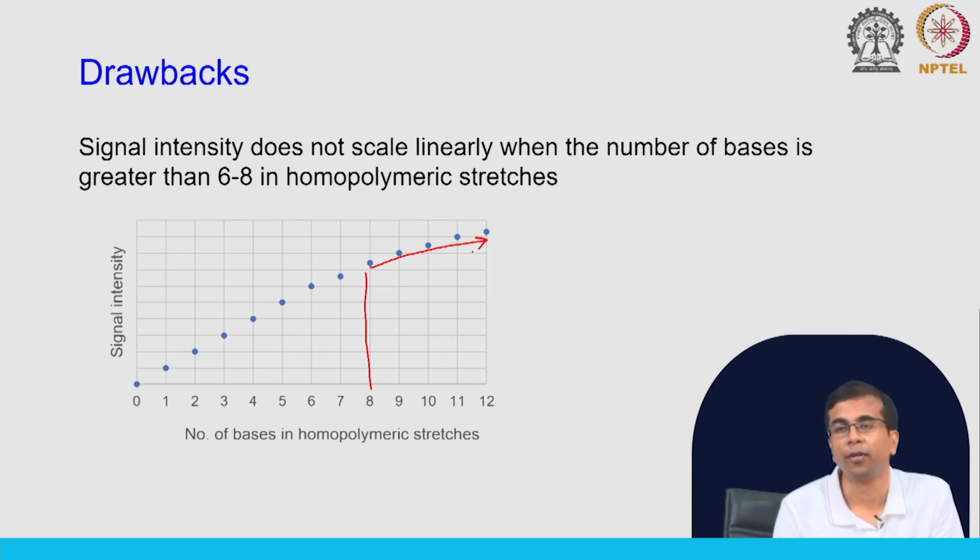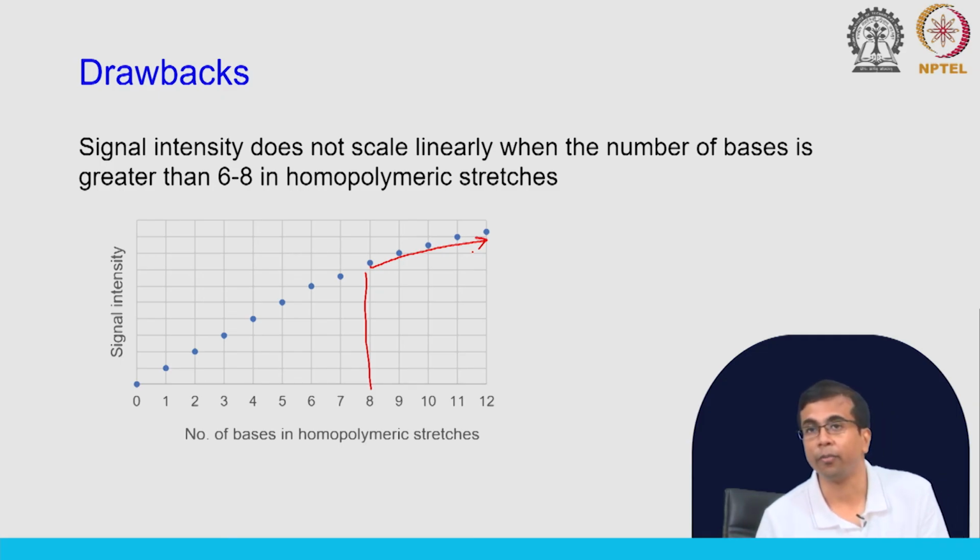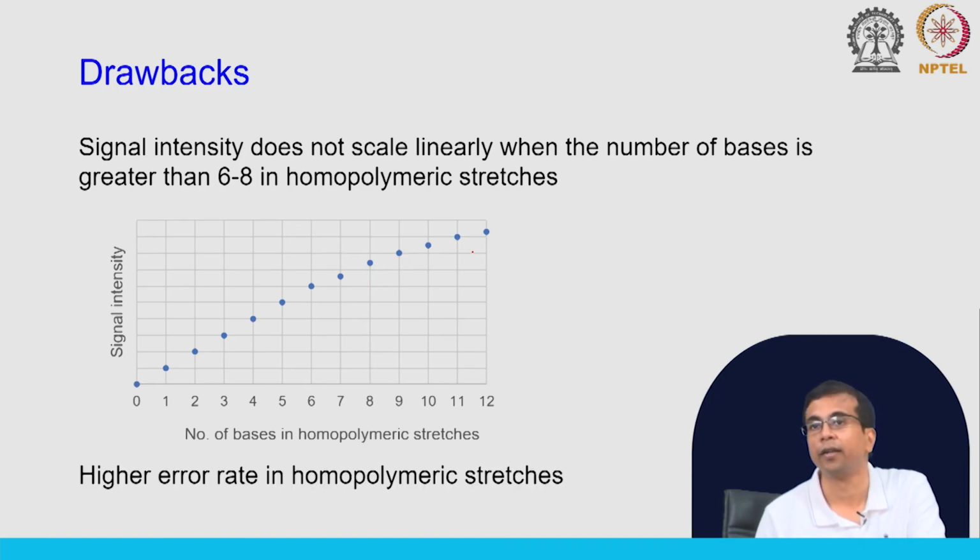As you go beyond these 12 bases, what you will see is that this sequencer will not be able to resolve the number of bases very accurately. Whether it is 14, 15 or actually 18, these will not be resolved. So, you will start seeing a lot more sequencing error in these regions.